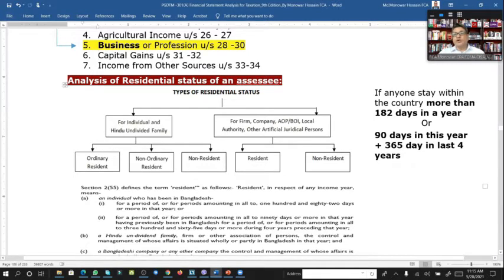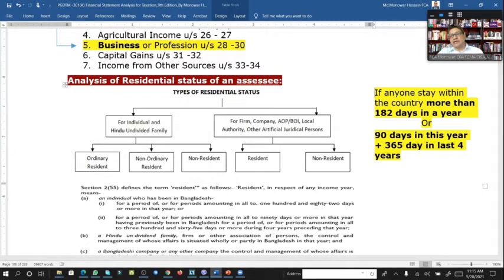So this is our fundamental residential criteria calculation. If anyone stays within the country more than 182 days in a year, or 90 days in this year plus 365 days in the last 4 years, he would be a resident.